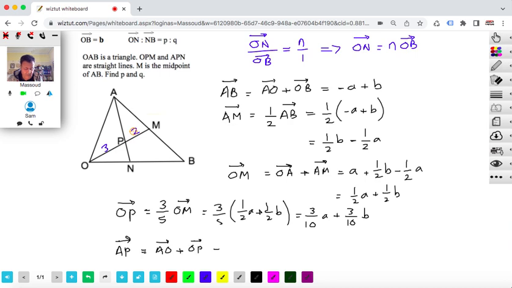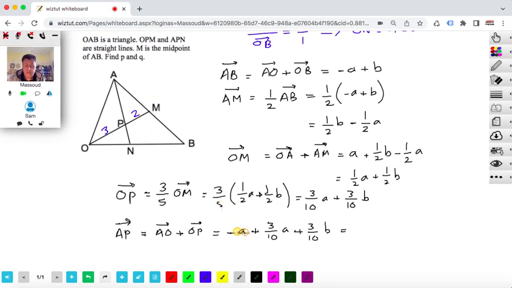AO is minus A, and OP we just found to be 3/10 of A plus 3/10 of B. When I simplify the minus A, that's minus 1 whole A and 3/10 of A, which gives me minus 7/10 of A plus 3/10 of B. So that's AP.